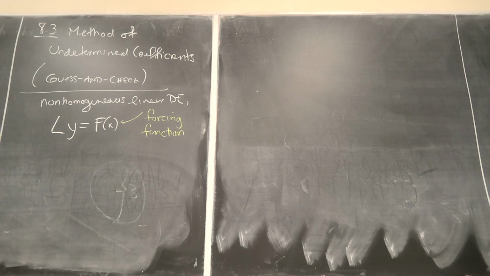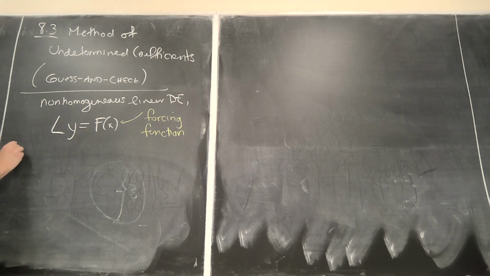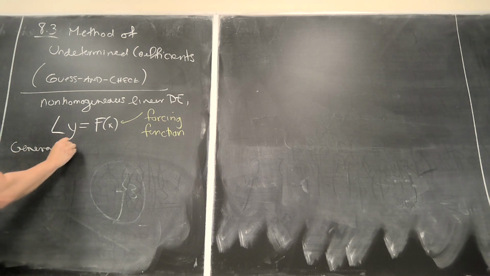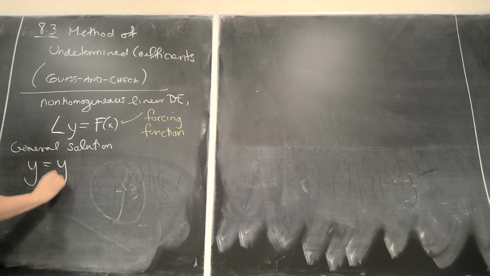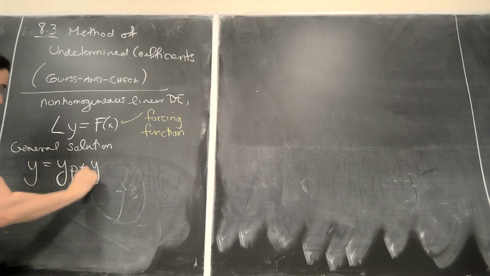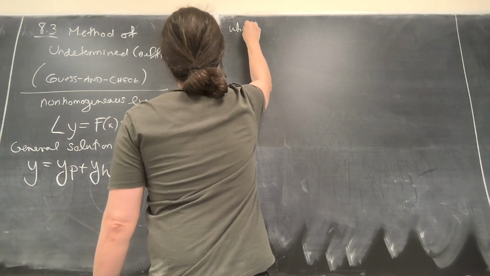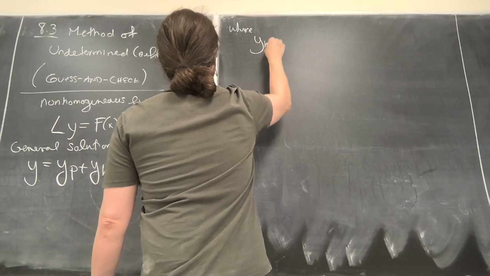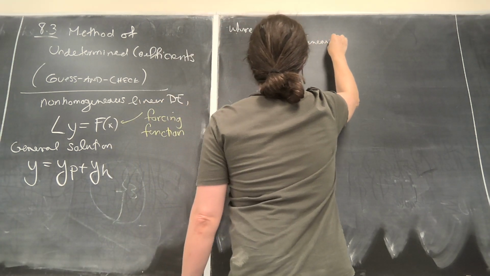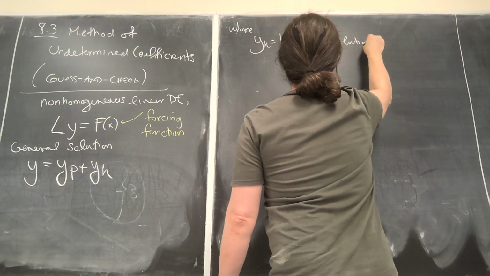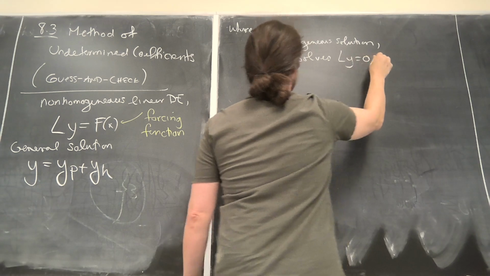So if I have an equation that is non-homogeneous, so there's something that's not zero here, the general solution looks like y = yp + yh, where yh is called the homogeneous solution, and it solves the equation Ly = 0.